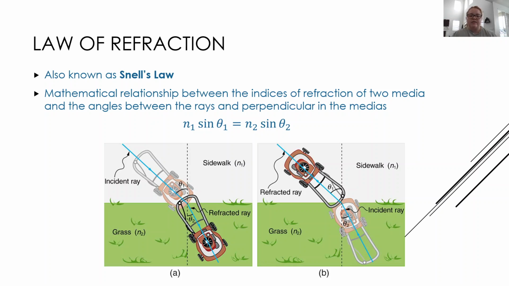So this is a quick, very simplified figure of how this works. We have an incident ray of light that comes in and will hit the surface, which in this case is between sidewalk and grass.